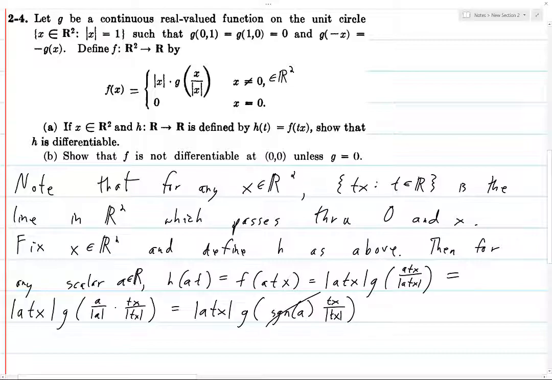But if the sign of a is negative 1, then we can pull that negative 1 out front here, because that's what we're allowed to do from this equality. And what that tells us is that this is actually equal to the norm of atx times the sign of a times g of tx over the norm of tx.